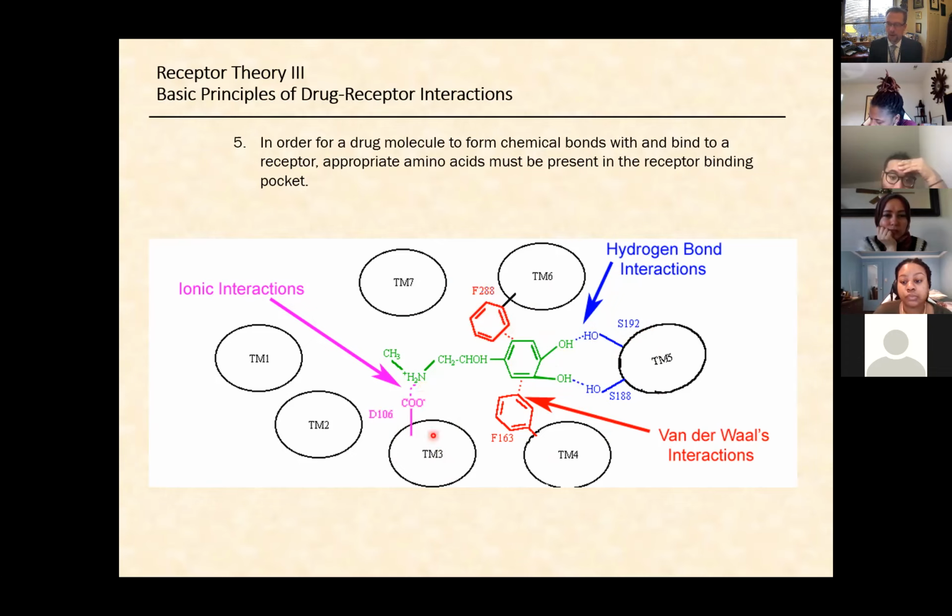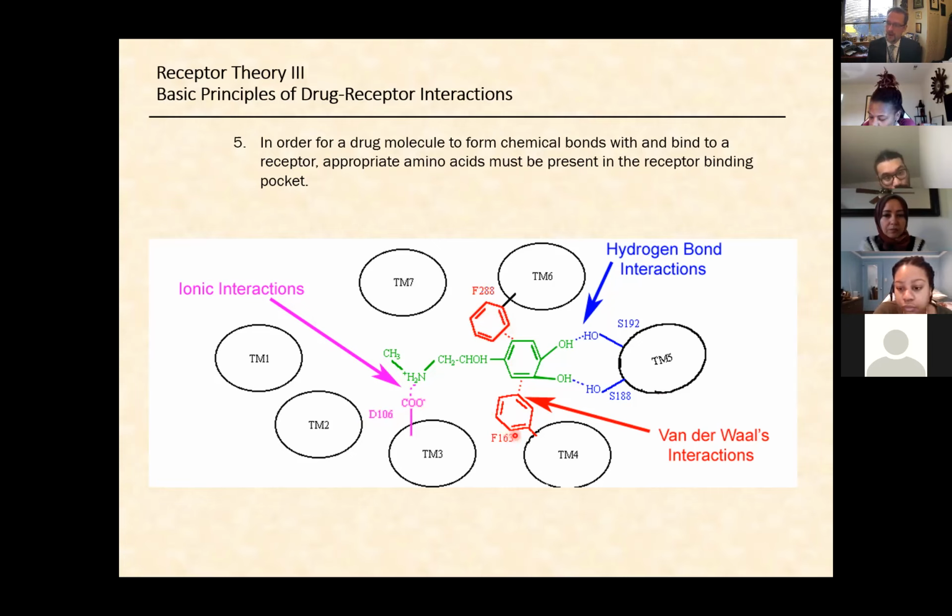So for example, in transmembrane region 3 here, we see a carboxyl group sticking off of it. Where does that carboxyl group come from? It's a part of aspartic acid, and that aspartic acid is at position 106 in the protein. This aromatic ring here, where does that come from?